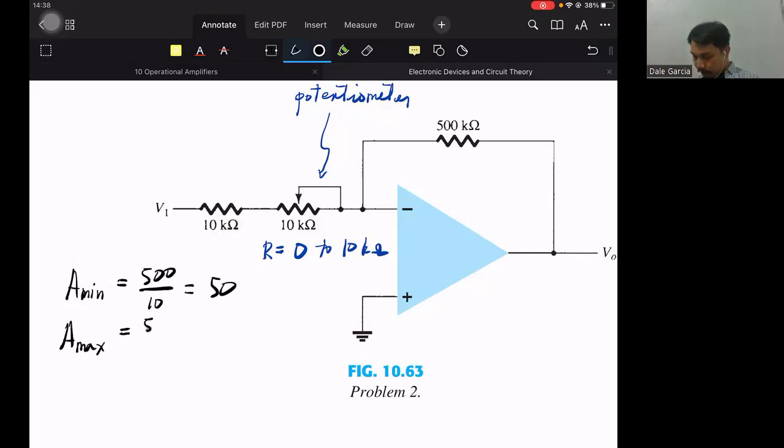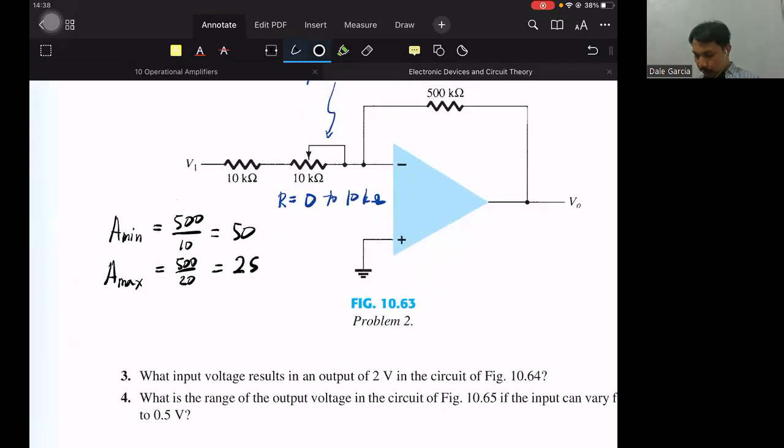So 500 divided by 20 is equal to 25. Therefore, our answer: the gain ranges from 25 to 50.